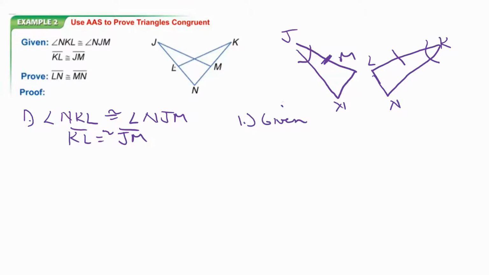Now, if we look at the two triangles, they both share this same angle right here. So since they share this same angle, by reflexive property, it's congruent. So angle N is congruent to angle N, and that is by reflexive.